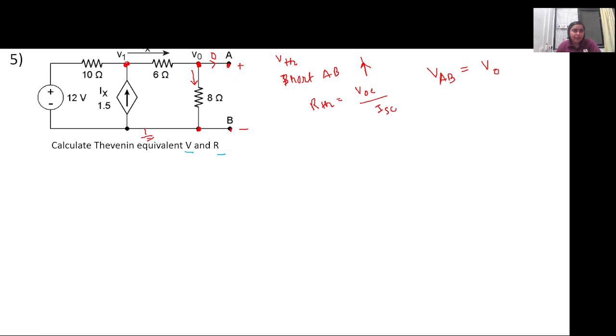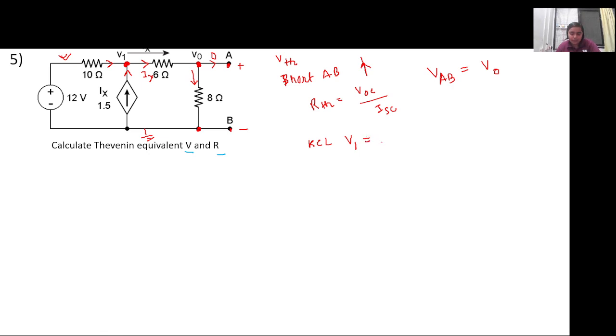In this particular node, the current is given in this branch as Ix into 1.5, and there is a current given in this branch which is equal to Ix. We can calculate the current flowing in this branch applying KCL at V1, right? Once we know this branch current, it will be easy to apply the KVL through this bigger loop. So we will apply KCL at V1.